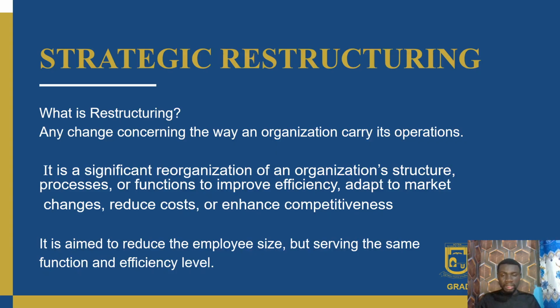When we talk of organization structure, we are talking about how the organization is structured. That is looking at the organogram. So if you take ATU, for instance, how is ATU structured? We have the Vice Chancellor, followed by the Pro Vice Chancellor, followed by the Registrar, followed by the Assistant or Vice Registrar, in that way.